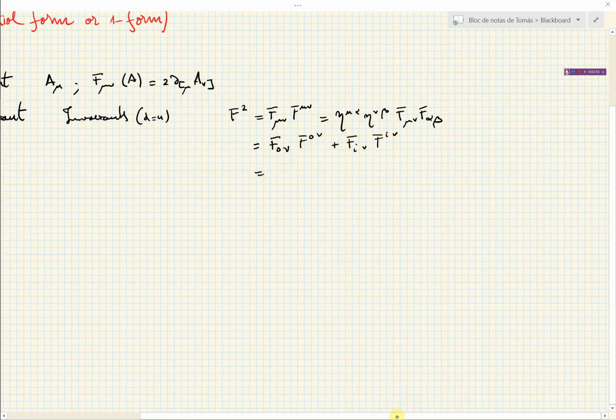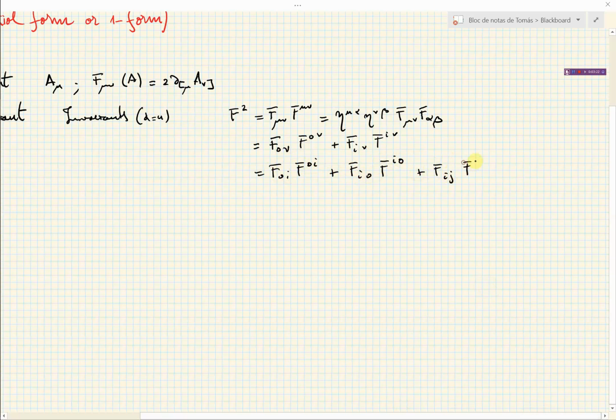Next, I split the index nu, but nu cannot be 0 because of the antisymmetry of F mu nu, so this can only be a special index i. Plus, then mu can be 0 here, and there can be also some other special index j.